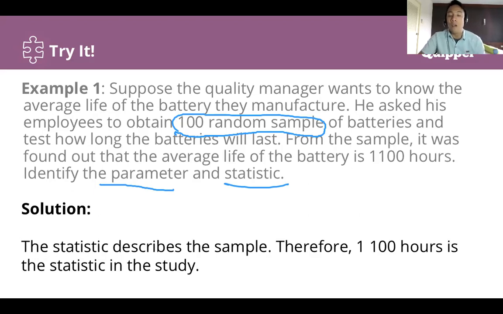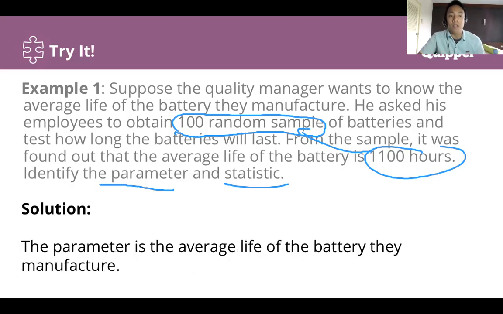So therefore, 1,100 hours is the statistic in the study. It's because that answer describes the 100 random sample. Kasi yung sample mo yung 100. Did you get it?